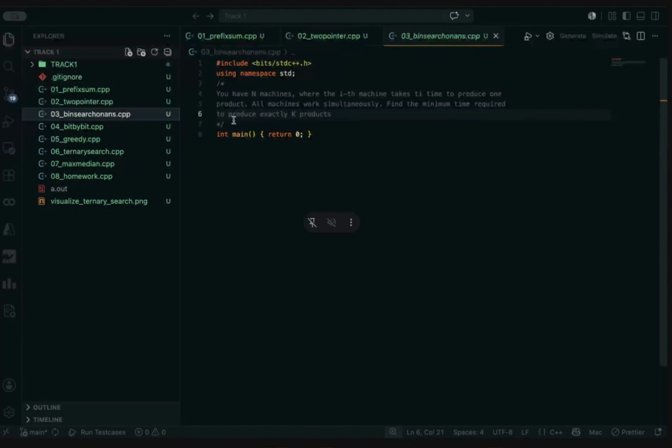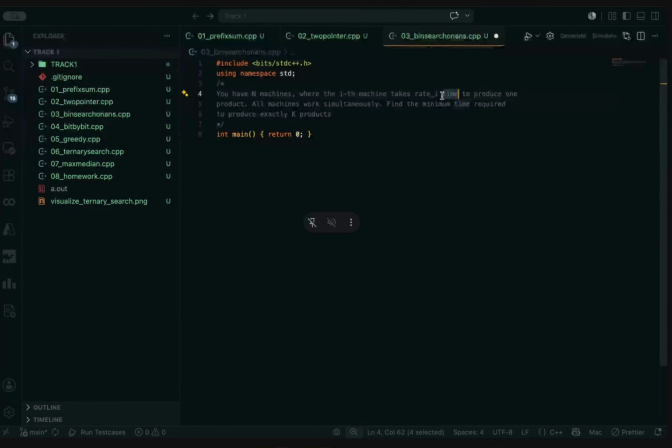Till now, what we have seen in binary search is that, say you have a sorted array, how do you search for a given specified value in a short span of time. So binary search can take roles even in places where you do not expect it, such as questions like this. So you have n machines, and each machine has a different rate of production.